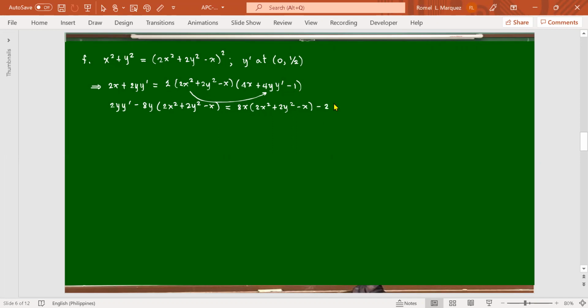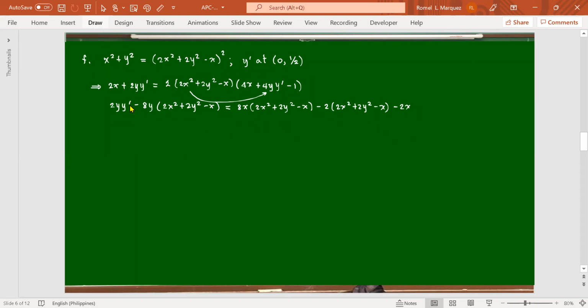Negative 2 times 2x squared plus 2y squared minus x. Am I right? Negative 1 times this, negative 2 times this. Okay? And then minus 2x, adding on its side, negative 2x. So 0 here for this, and then negative 2x. Okay, guys? May y prime din ito, no?